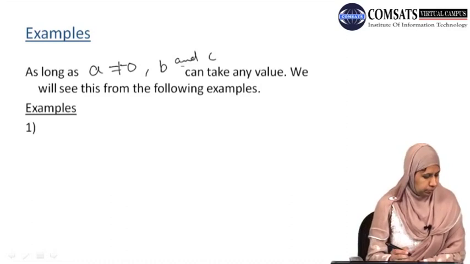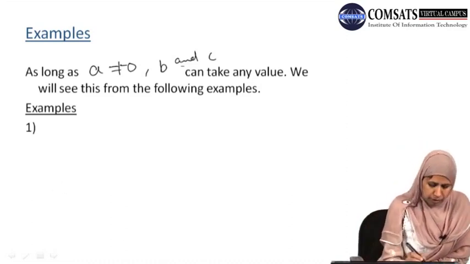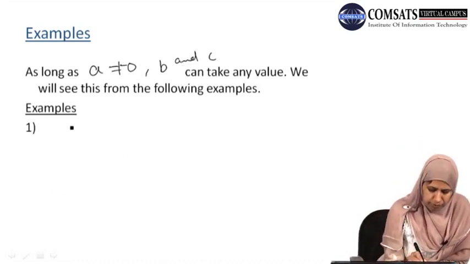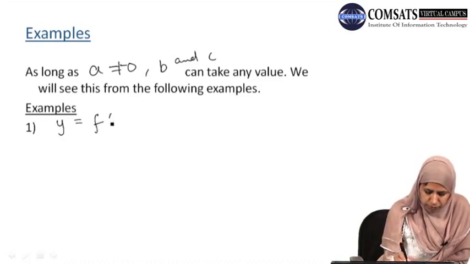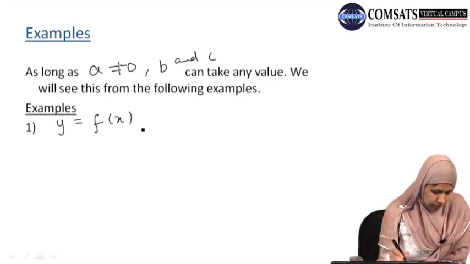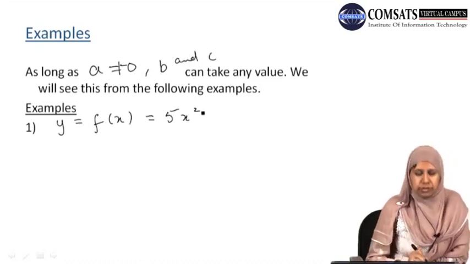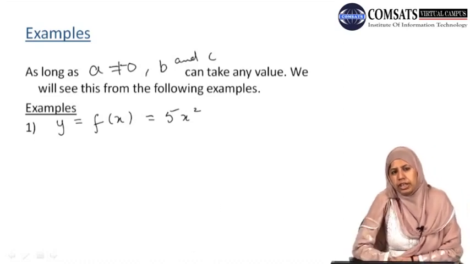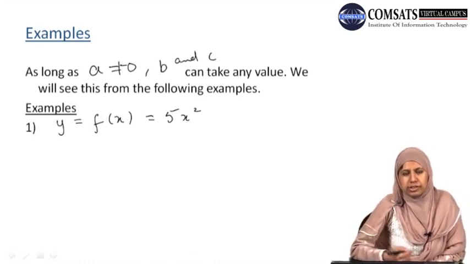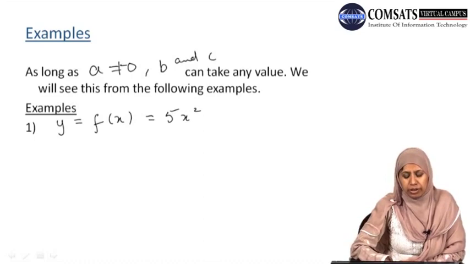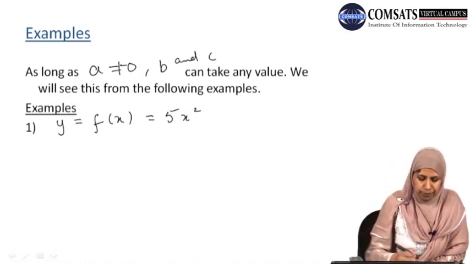For example, we have our function y is equal to f of x, which is equal to 5x square, and we are asked to identify whether the given function is a quadratic function or not.